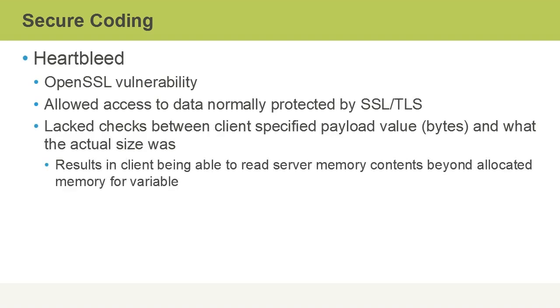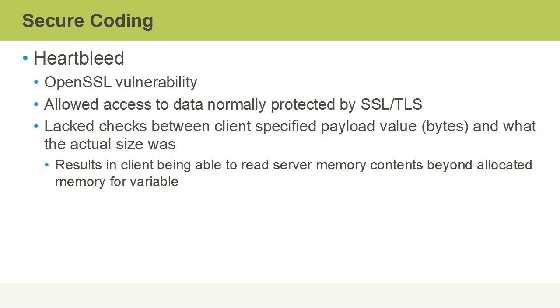As an example of a problem with secure coding, consider the Heartbleed bug, which was an SSL/TLS bug. This was an OpenSSL vulnerability specifically that allowed access to data that would normally be secured with SSL and TLS. However, the problem with the way that OpenSSL was coded, and it's since been fixed, is that it lacked checks between the client-specified payload value in terms of bytes and what the actual size that was transmitted was.